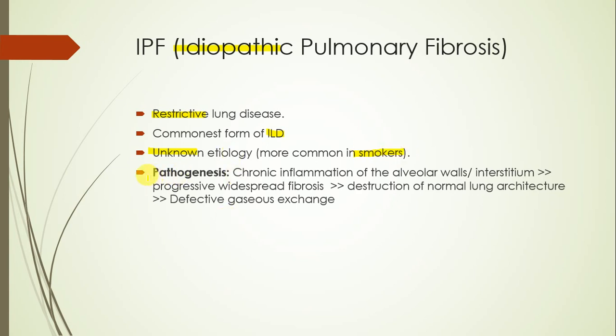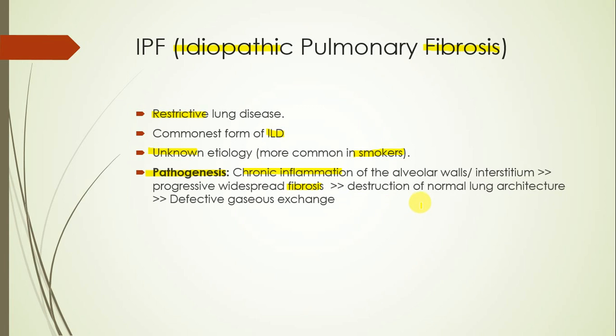And the pathogenesis is fairly simple because if you want to have fibrosis, you must have some inflammation. And probably that inflammation stays for a long period of time. So for some unknown reasons, there are repeated inflammations leading to a chronic inflammatory process, which leads to fibrosis by fibroblasts, obviously.